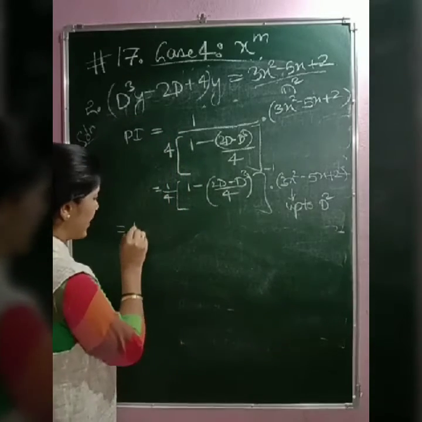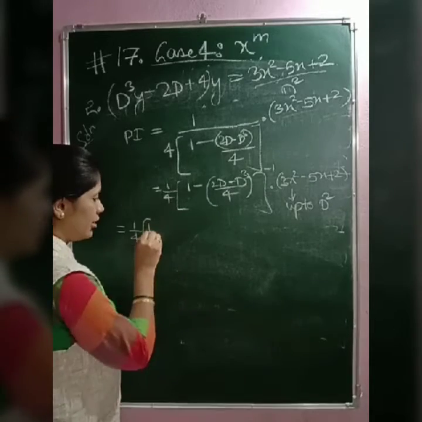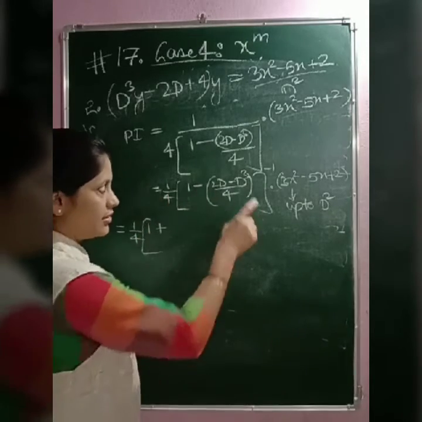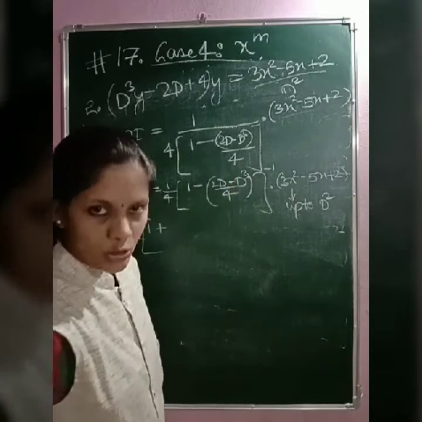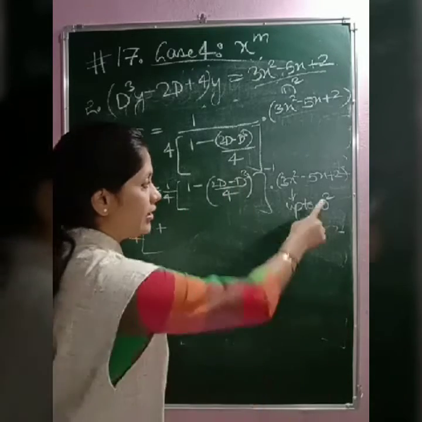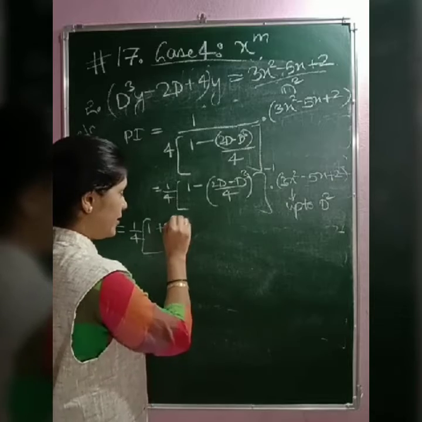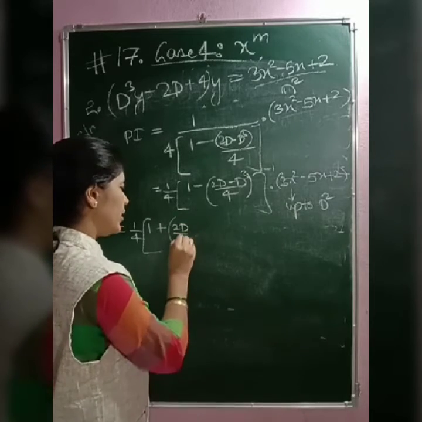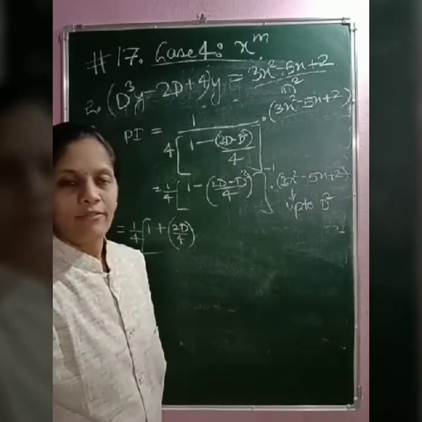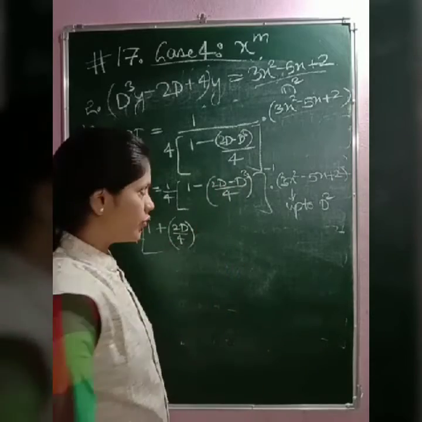So the expansion is 1 plus x, where x is 2D minus D cube by 4. But no need to consider D cube, since it is 0. Consider only up to D square. So I can write just 2D by 4 in x.